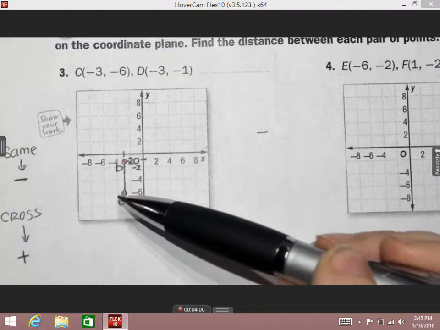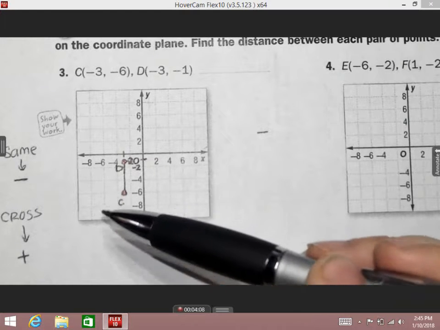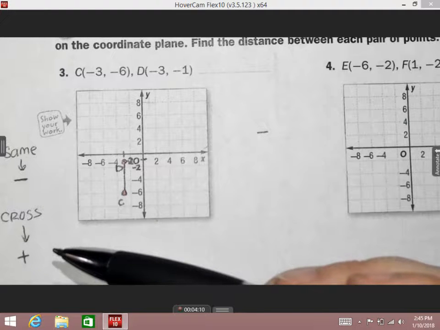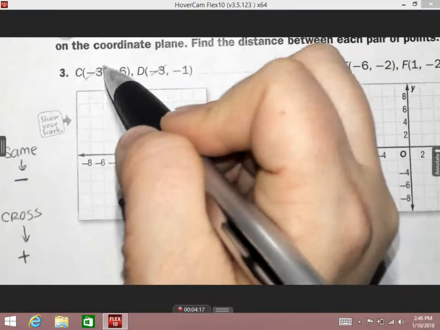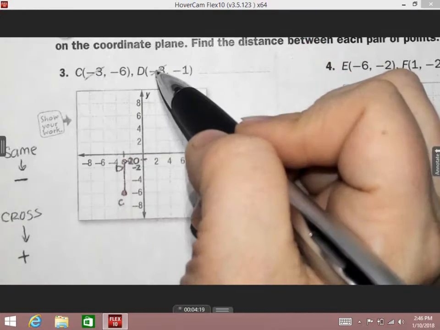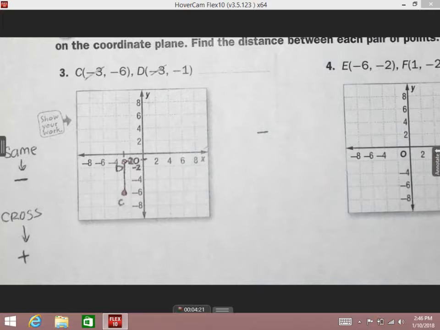Which coordinate is it on both of those pairs that I don't care about? Brittany. The negative 3. Guys, can I find the distance between a negative 3 and a negative 3? No. No, a negative 3 and a negative 3 are in the same place. It does not help me find distance.